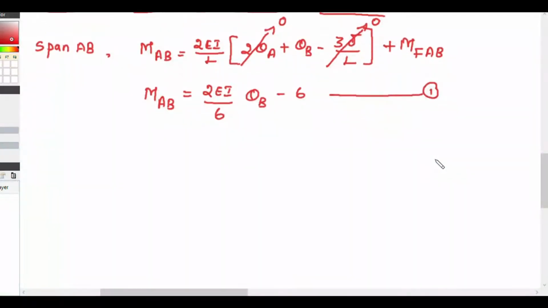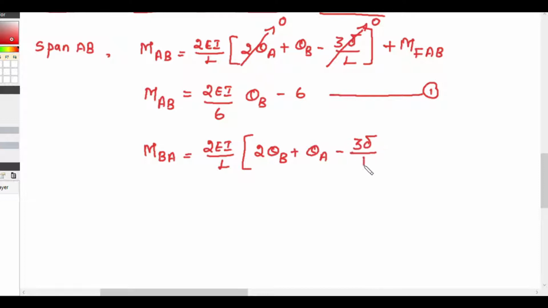Now we will write the slope deflection equation for MBA. So MBA is equal to 2EI by L into 2 theta B plus theta A minus 3 delta by L plus MFBA. BA means the near end is B and the far end is A. Here A is fixed support, so there is no slope at A and this becomes 0.